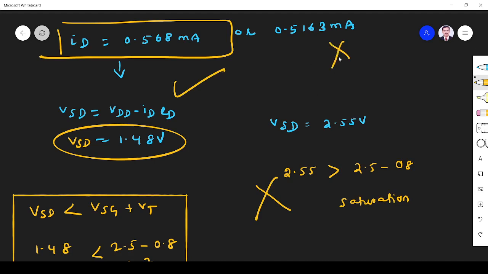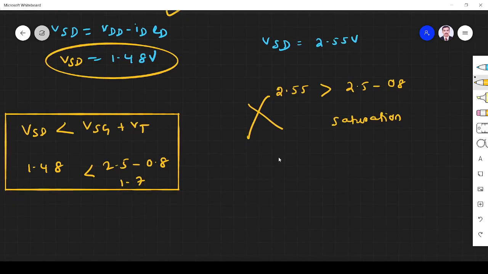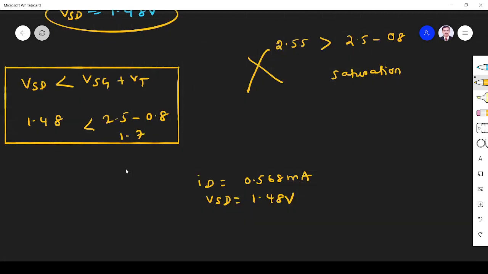So the final answer is ID is equal to 0.568 milliamps, and VSD is equal to 1.48 volt, right? Thank you.